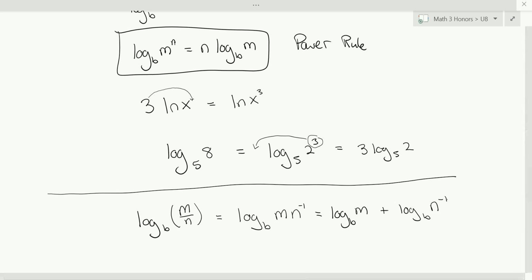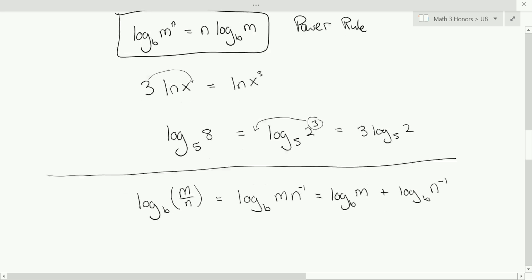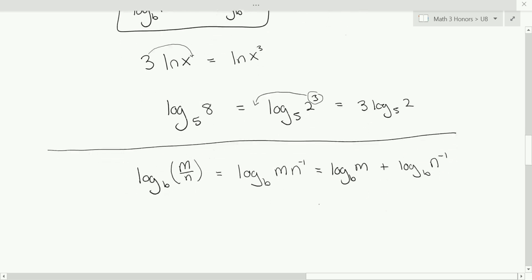Now we have an exponent, a negative 1 here. So we can use our power property and take that and move it in front of the log base b of n. So we get log base b of m plus negative 1 times the log base b of n.